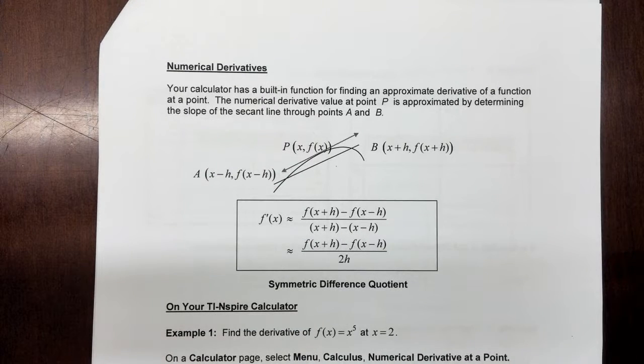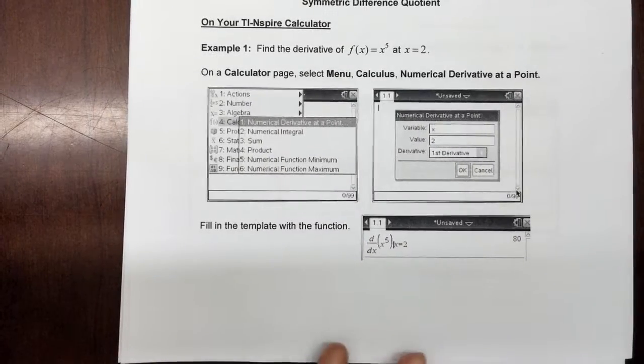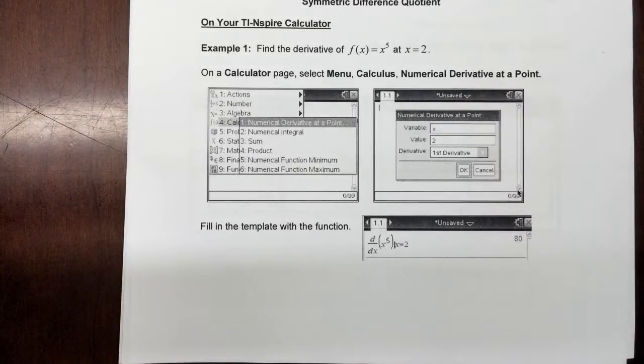The last couple pages of your notes are talking about your calculator. Your calculator has the function of finding the derivative of a function at a point, and it'll do it for you. You just have to enter in the information the proper way. The directions at the bottom are for a TI Inspire calculator, which I realize is not the calculator that we have at the school.